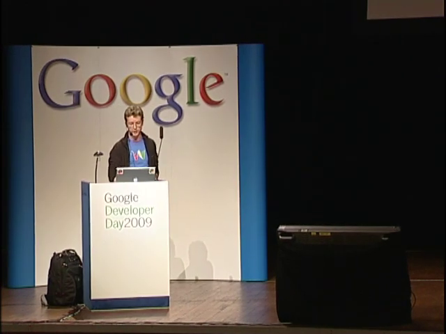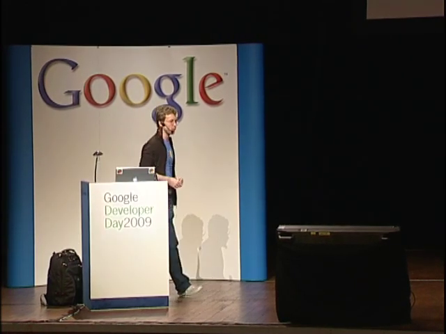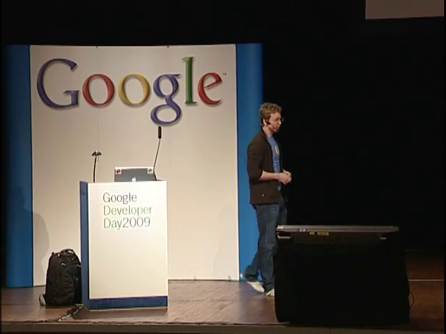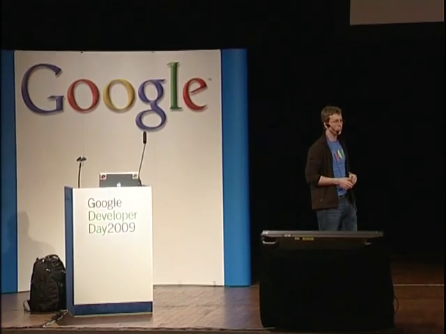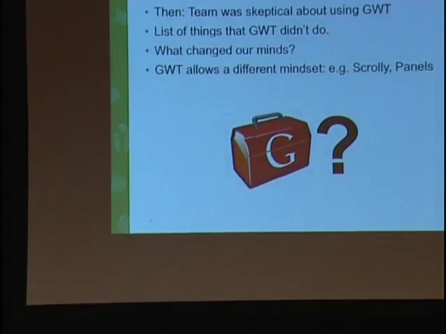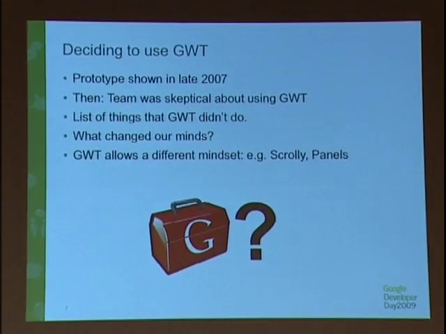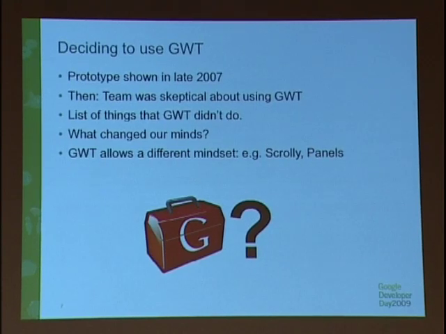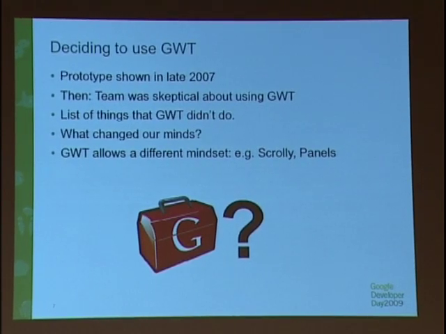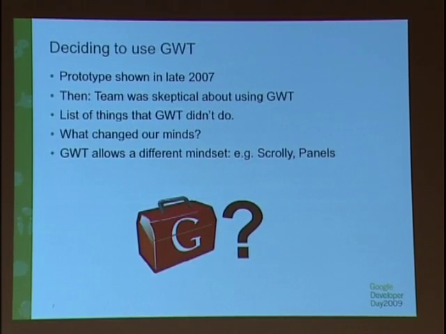So GWT had a lot of selling points. In late 2007, when the decision was made to turn Google Wave into a real application, at that stage it was just a hacked up prototype. When the decision was made to put in a real engineering effort, there was a bit of apprehension about using the Google Web Toolkit.